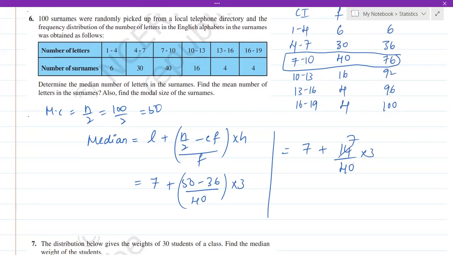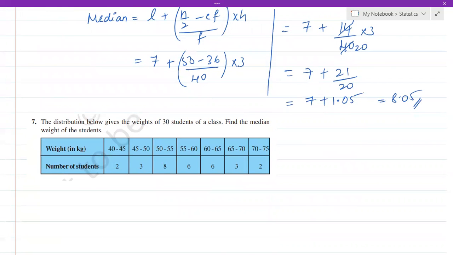So 7 plus 7 3s is 21, 21 by 20. This comes to around 7 plus roughly 1.05. If you add it, you get 8.05. That will be the median.